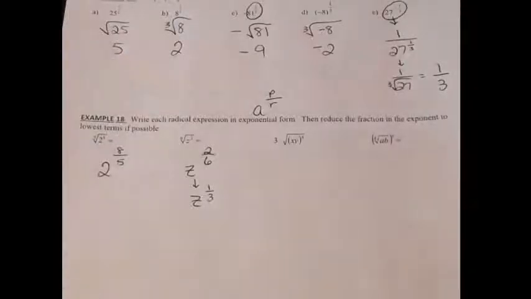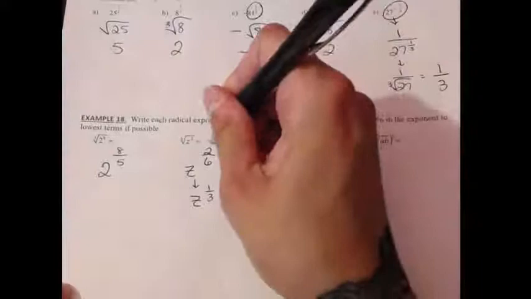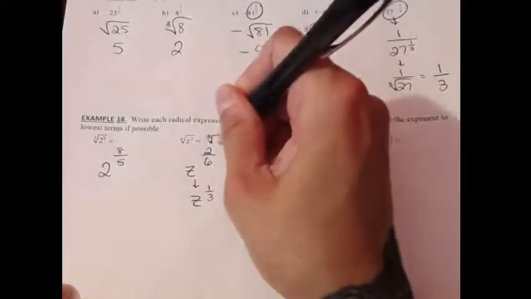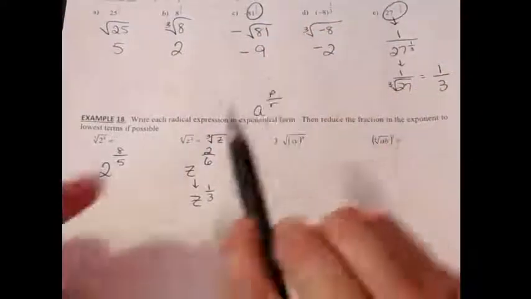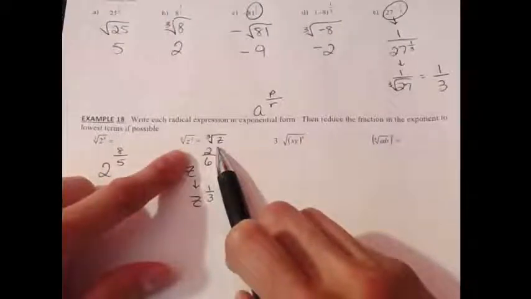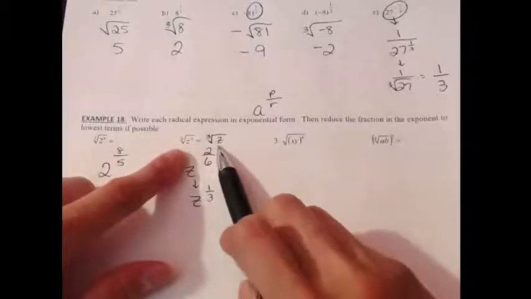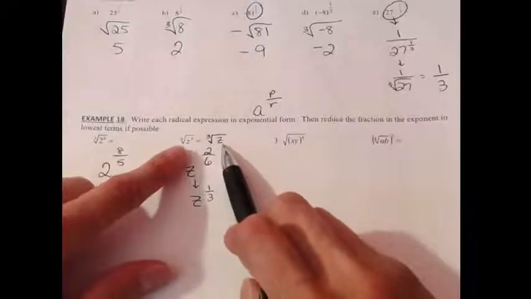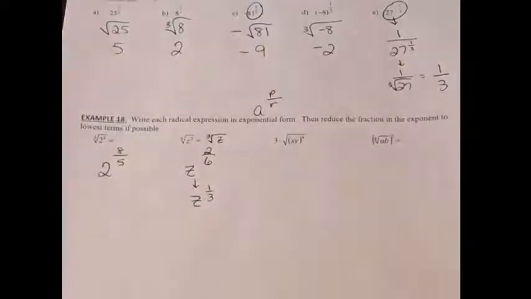That's kind of interesting to note. And I'm just going to rewrite it here so that you can see it. According to what we found here, these two expressions are exactly identical. Something very interesting is happening here. So we're just going to think about this for a moment.